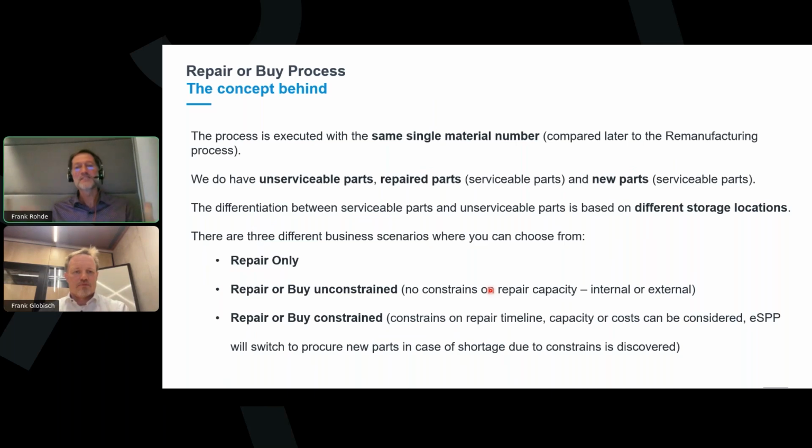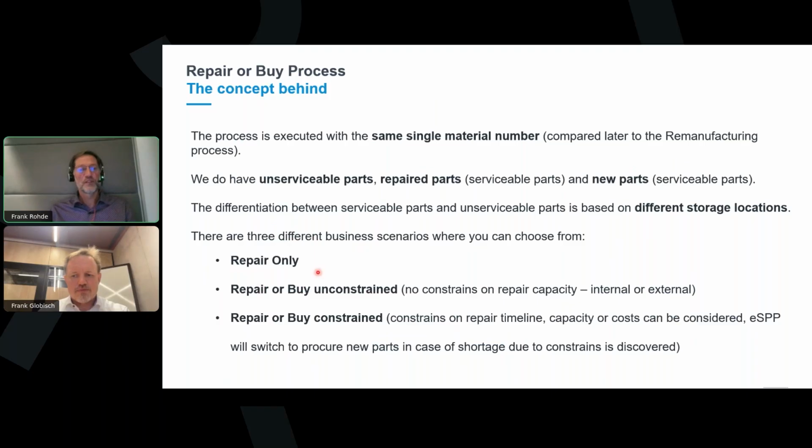The question that I normally get is, how does it work with a single material number? We do have different storage locations for the serviceable and the unserviceable parts. That is the answer, and we will see it in the system as well.